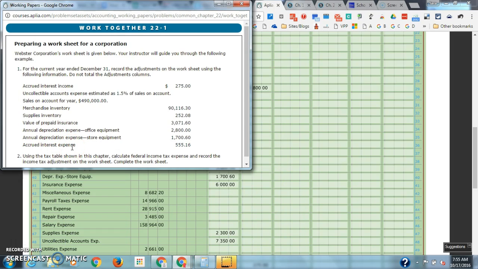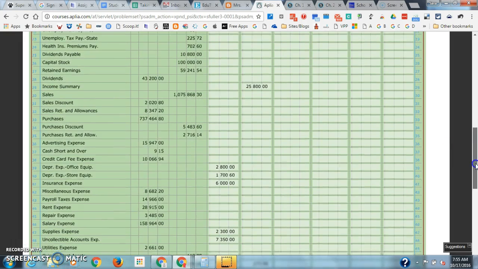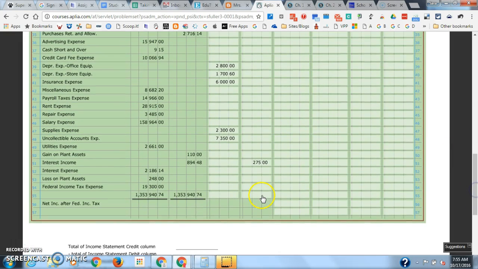And then our accrued interest expense is going to be the amount they give us for interest payable. So that is line 15. And it's a credit, 555.16. And then our matching is interest expense, 555.16.